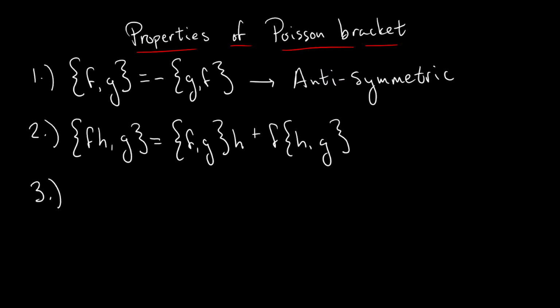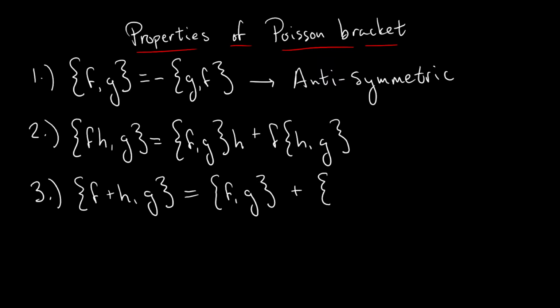The last one that very clearly comes from linearity is that f plus h comma g is just the sum of the Poisson brackets. Both of these just come from derivative rules.